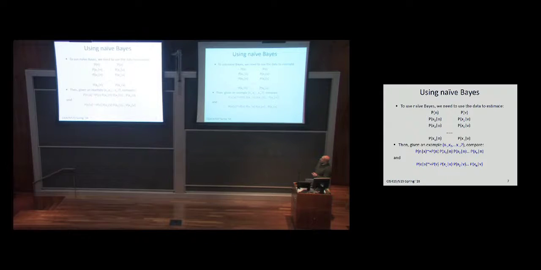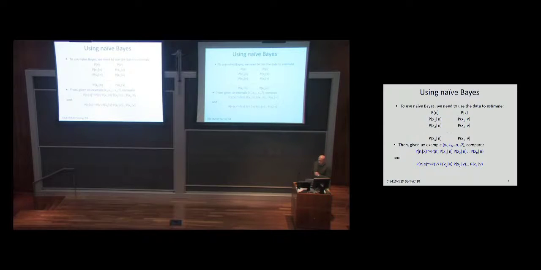Using Bayes' rule, once we have these probabilities, we can compute P of N given X and P of V given X. But again, what we estimate is the P of N and P of V, which are the priors, and the P of Xi given N, which is how we decomposed the X, x1 up to xn. Then when we use Bayes' rule, this gives us the probability for each one of the labels.